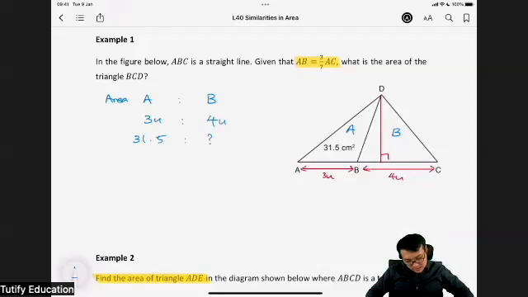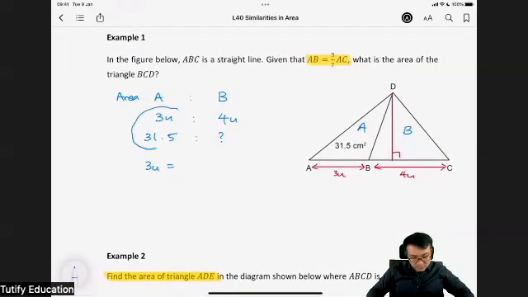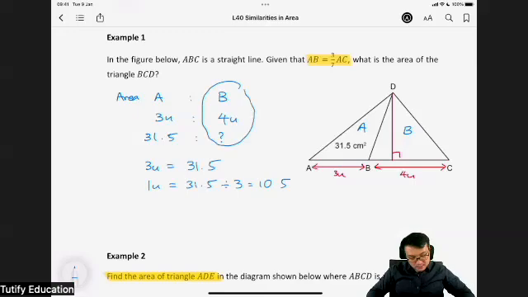So you can say that 3 units equals to 31.5. So 1 unit equals to 31.5 divided by 3. Yes.